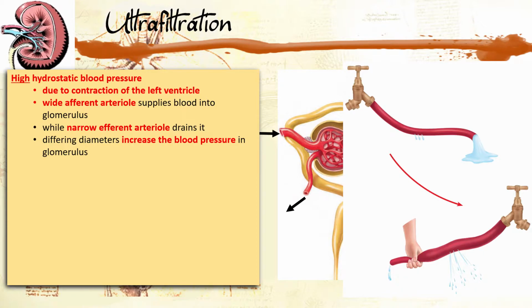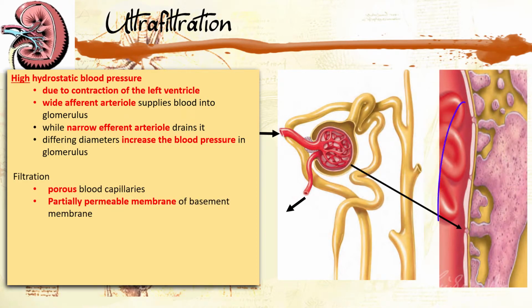So what is the filtrate? Filtration will occur because our capillary is porous and the basement membrane of the Bowman capsule is partially permeable, as you can see from the diagram on the right.